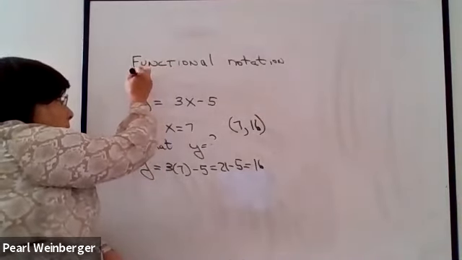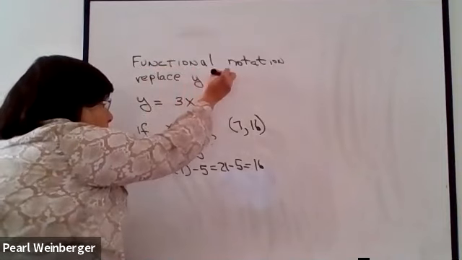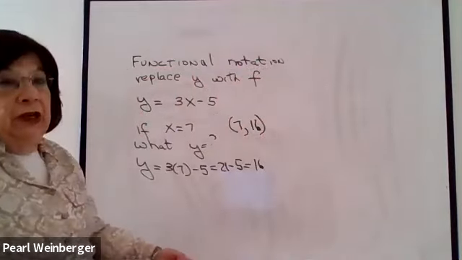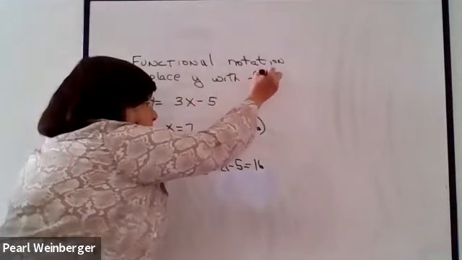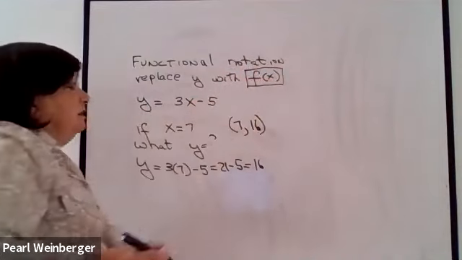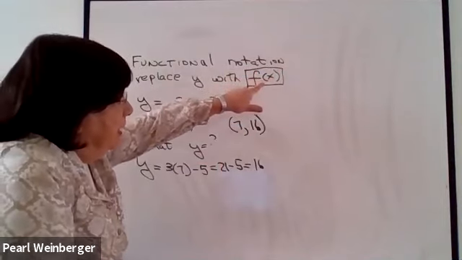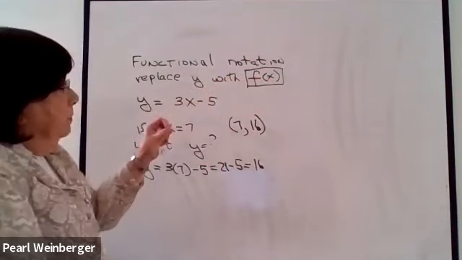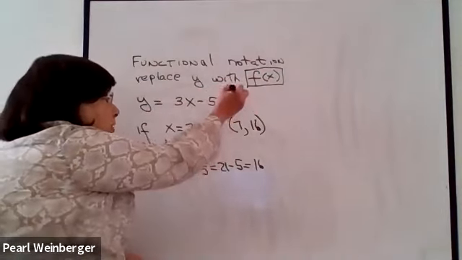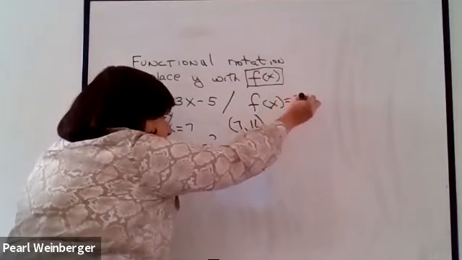Instead of y, you replace the y with a letter from the middle of the alphabet, something like G or F, usually it's F, parentheses X. Now this symbol, F parentheses X, is read F of X to indicate it's a function of X. F of X. That means instead of writing y equals 3x minus 5, we're going to write f of x equals 3x minus 5.